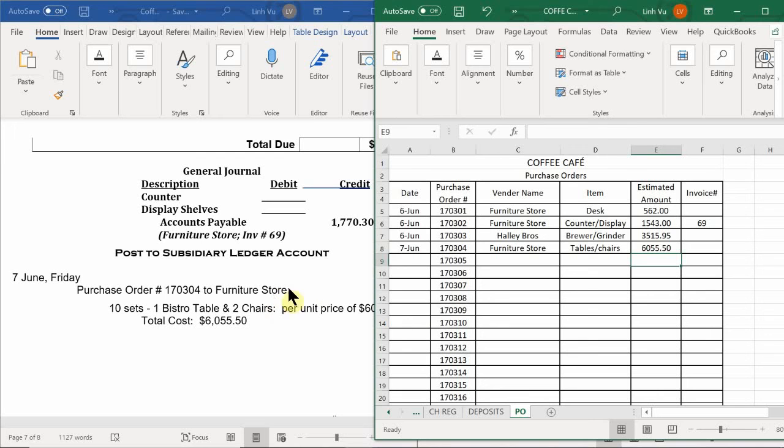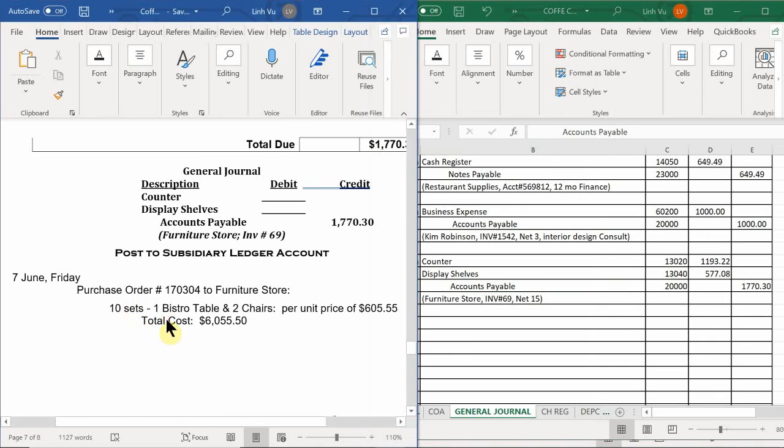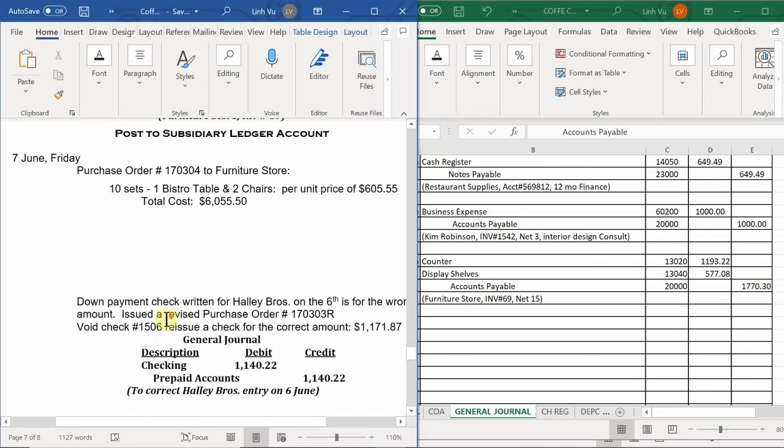Okay. So once again, a purchase order does not affect the journal whatsoever. So now that I entered that information in my purchase orders, I can go ahead and move on.